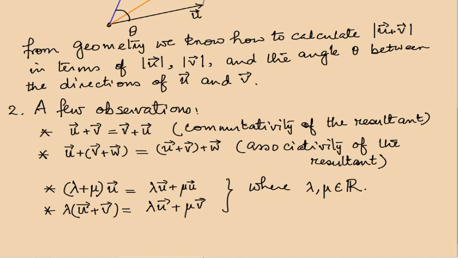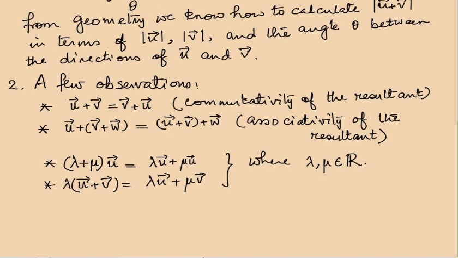What would be minus u? Minus u would be the same force as u, but in the opposite direction as u, but the magnitude being the same. So we therefore immediately come across the notion of the fact that when u and minus u act on the particle, the particle doesn't move.